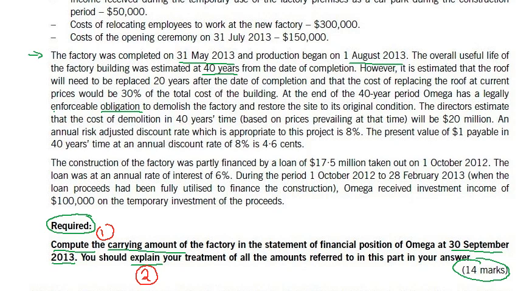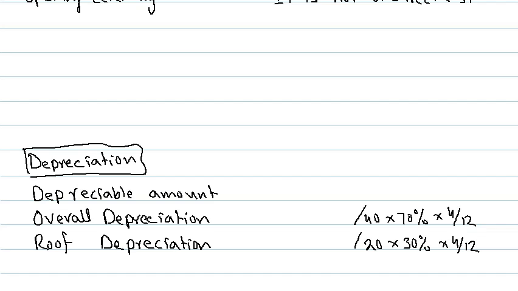An annual risk adjusted discount rate which is appropriate to this project is 8%. The present value of $1 payable in 40 years time at an annual discount rate of 8% is 4.6 cents. So the examiner has made our job easy. He has given us the discounted value over 40 years. Let's include it into the cost.